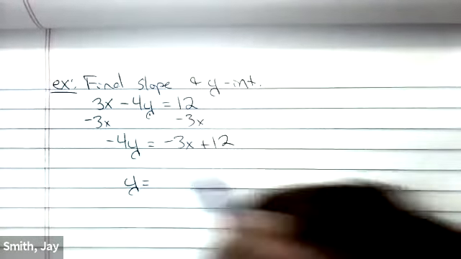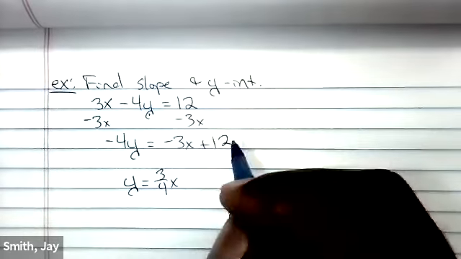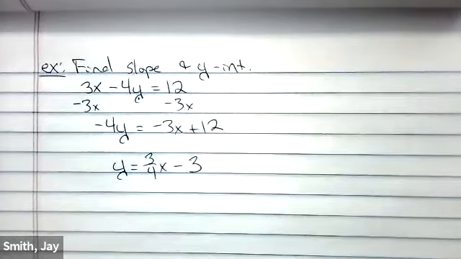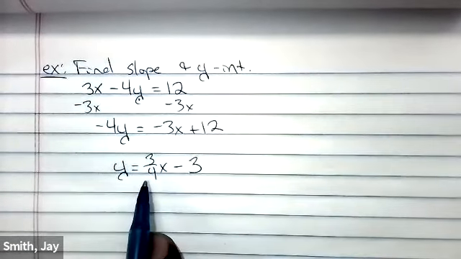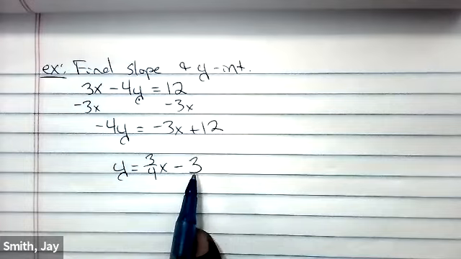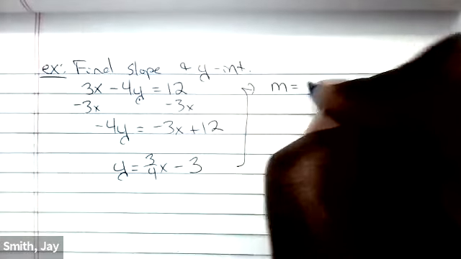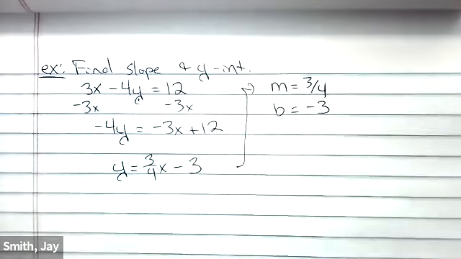So we end up with y is equal to positive 3/4 x minus 3. Now that we have this in slope-intercept form, the number in front of x is my slope. The number by itself being added or subtracted to the slope is my y-intercept. So in this case, my slope is positive 3/4, my y-intercept, -3.